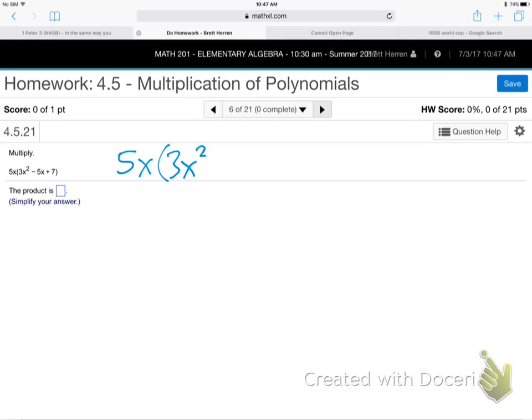5x times 3x squared minus 5x plus 7. So try that one. Take that 5x in the front and multiply the other 3.